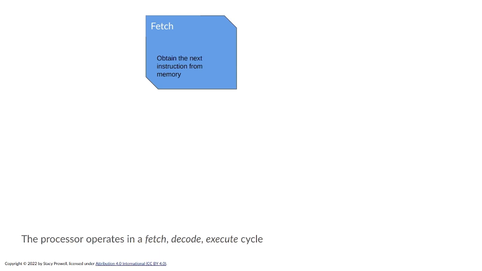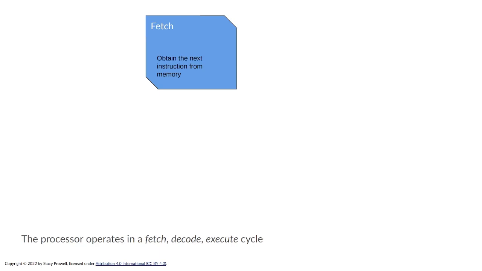Maybe there is a defined address whose memory contents contain a location where we start. Maybe there's some other way that this happens, but somehow at some point, the processor gets a location where it needs to begin to fetch instructions from memory and execute those instructions. And so it keeps track of this with an instruction pointer that holds a memory address.